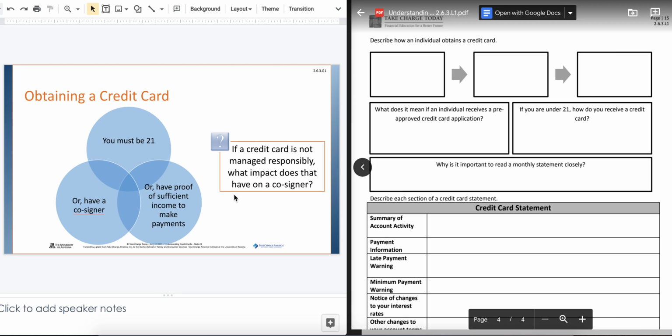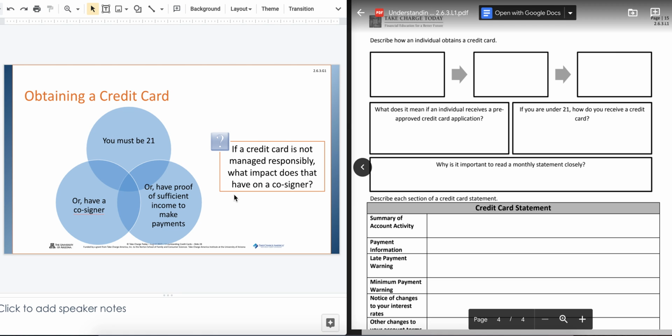Some details about owning a credit card. Typically, you have to be 21 years old to open a credit account. If you are not 21, you can get a credit card when you are younger. But if that's the case, then you usually either have to have a co-signer, meaning another person who is going to take on responsibility for your debt if you are unable to pay it. Most of the time, this is going to be a parent or a guardian.